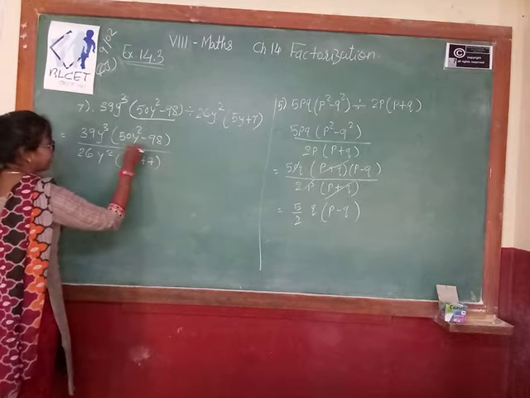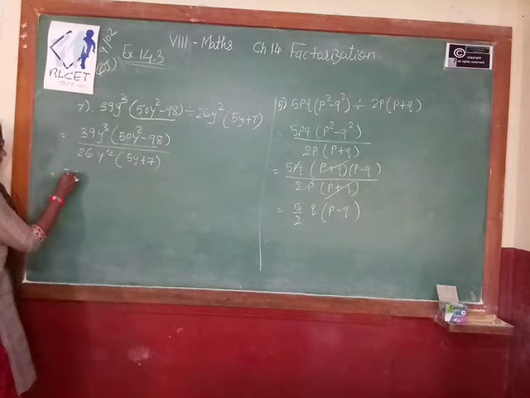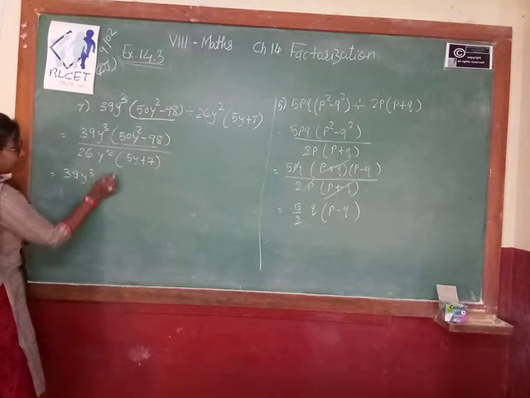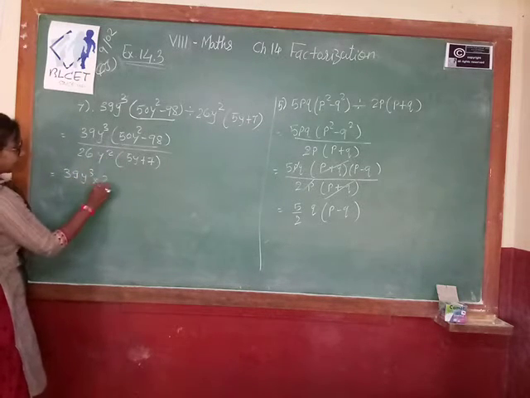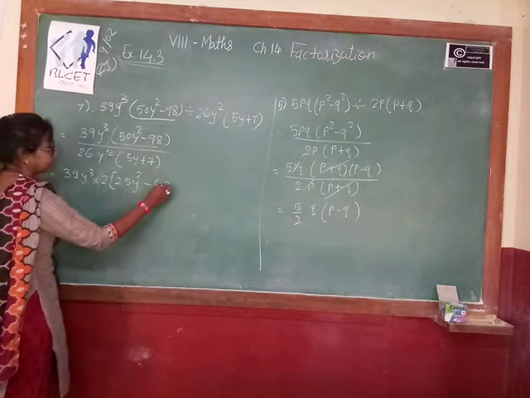So we simplify only for this now. Remaining all the terms remain as they are. 39y cube, and 2 is taken as common. So what is left? 25y square minus 14.